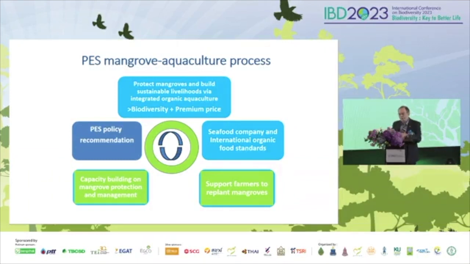And from the project results, which were very positive, it allowed the development of a policy which then led later on, as I'll explain, to a law in Vietnam that actually mandates PES as an official requirement for some of the users of ecosystem services.